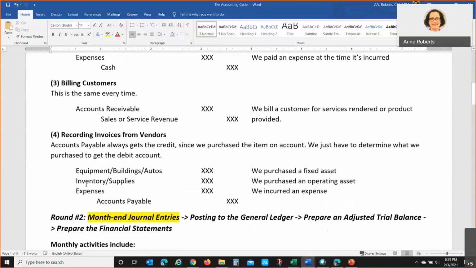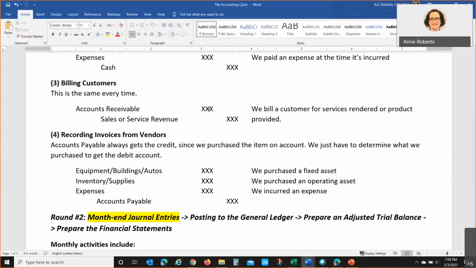The other two things that we do on a daily basis in the accounting department is we bill customers. Now, here's the great thing about billing customers. It's the same journal entry every time, because all we're doing here is sending them an invoice. We have either provided them with some kind of service, or some kind of product, and now we've got to record the earned revenues and the fact that they now owe us for that service or product.